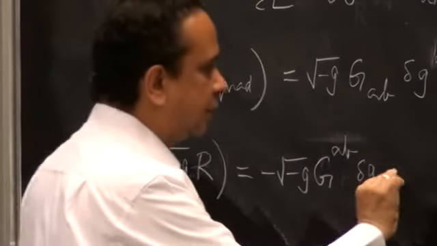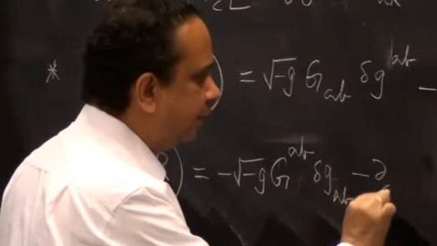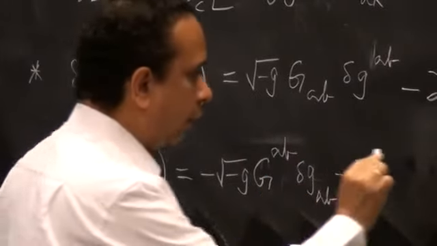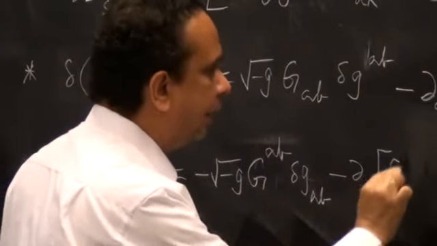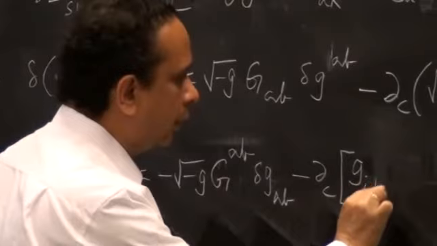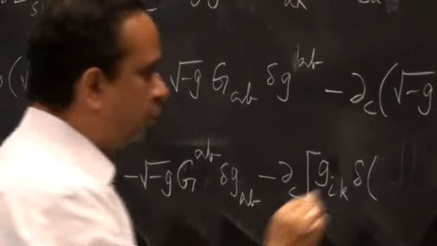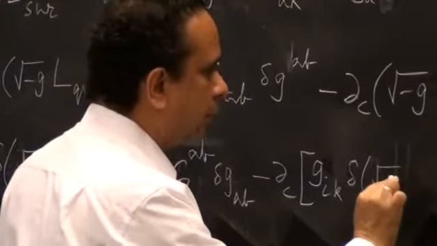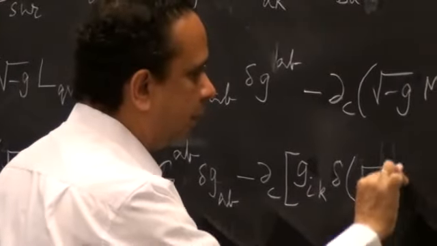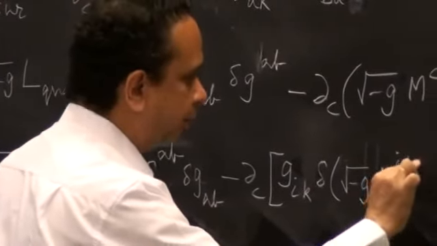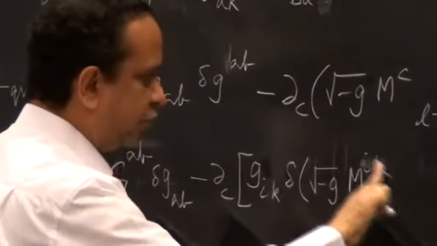Then you would have found that the extra term is minus DC GIK delta of root minus G MIKC. Sorry, MCIK.